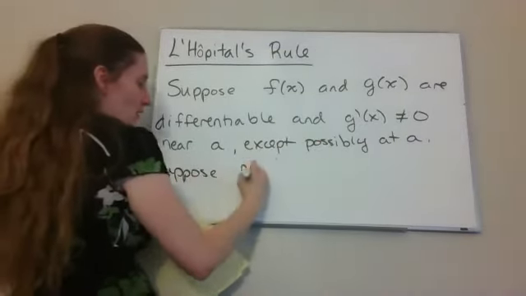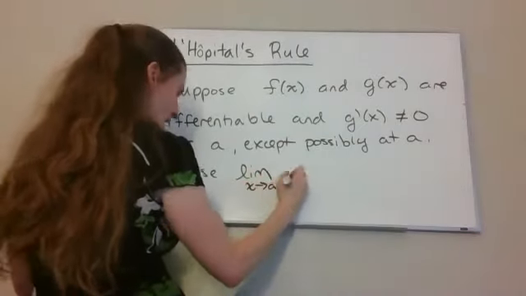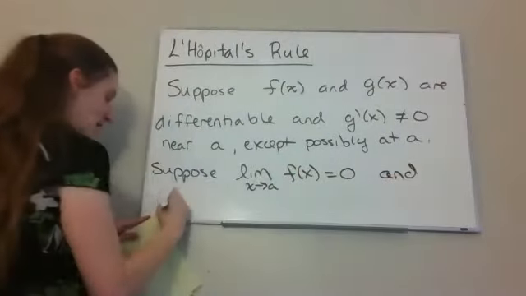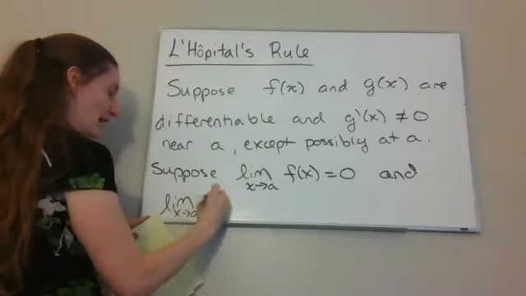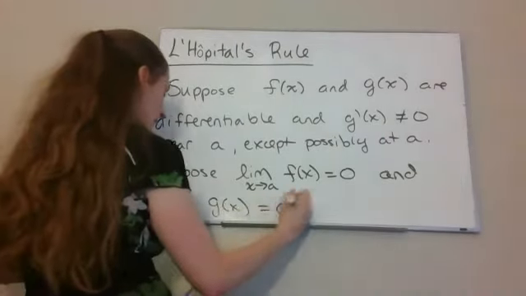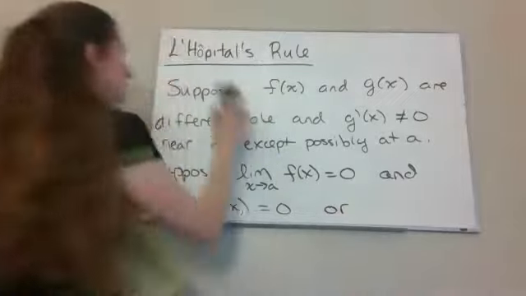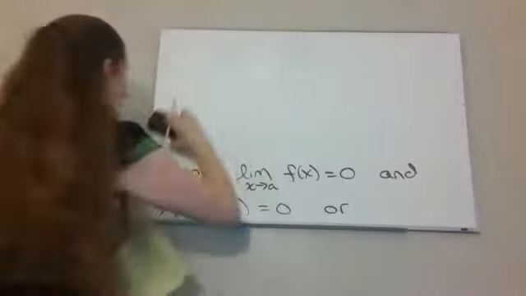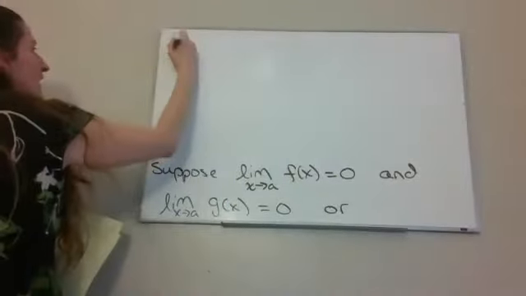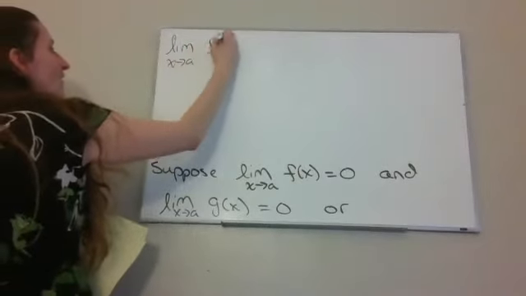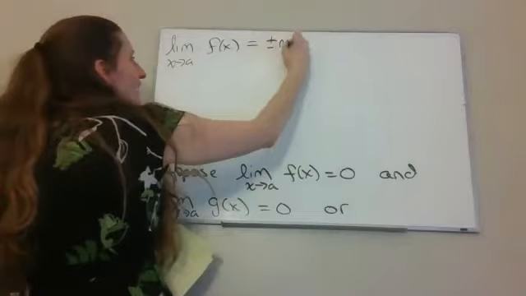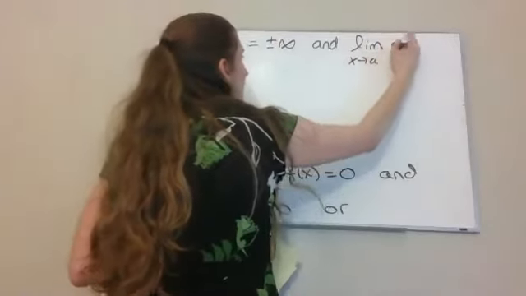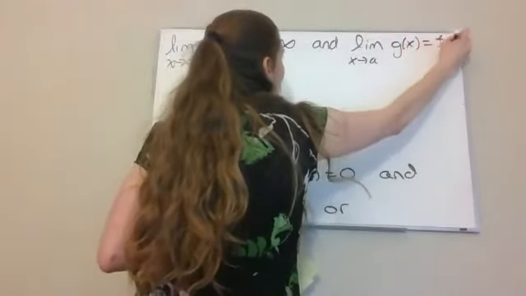Then suppose that the limit as x approaches a of f of x equals 0 and the limit as x approaches a of g of x is equal to 0, or suppose that the limit as x approaches a of f of x is plus or minus infinity, and the limit as x approaches a of g of x is also plus or minus infinity.